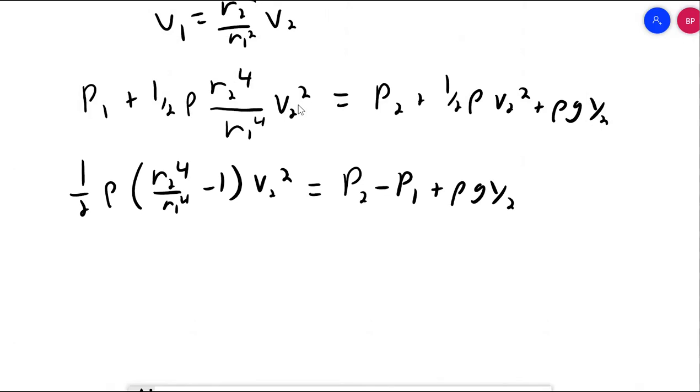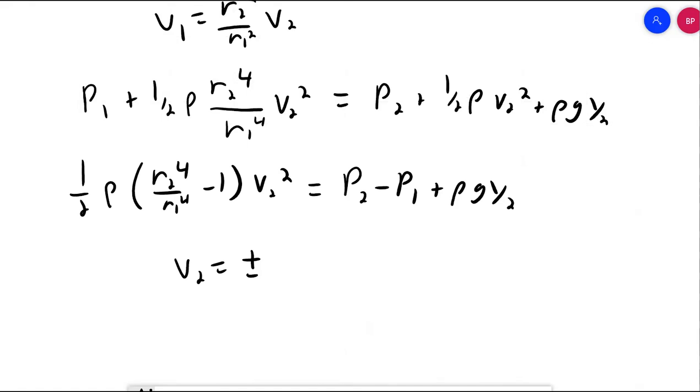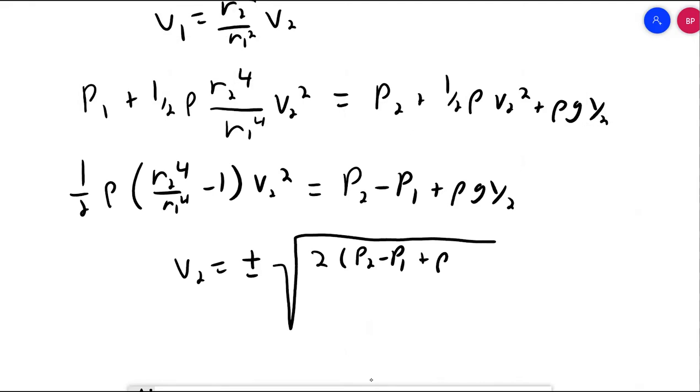Now we can divide by this ugly thing and then take the square root. So if we do that, it's plus or minus. We're asked not for the speed this time, but for the actual velocity. So the direction is going to matter. So it's plus or minus the square root of 2, the difference in the pressures, plus this thing, divided by the density times this thing.